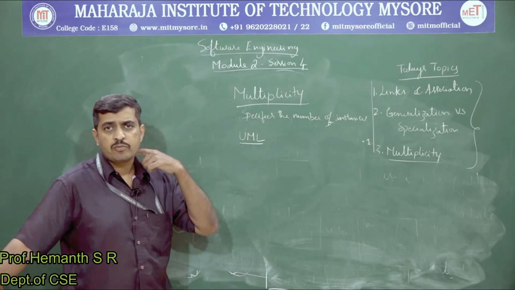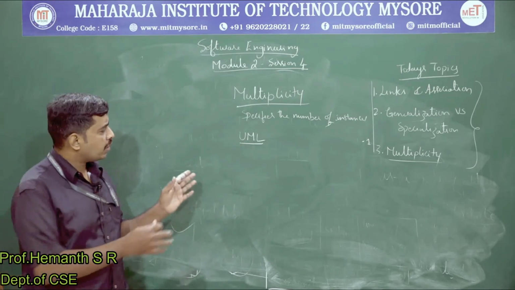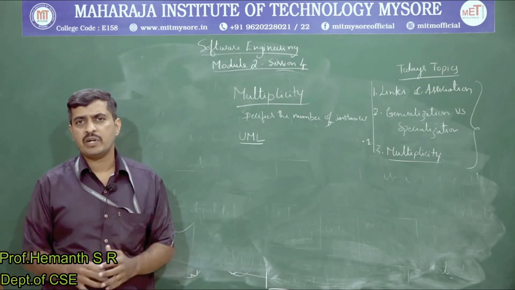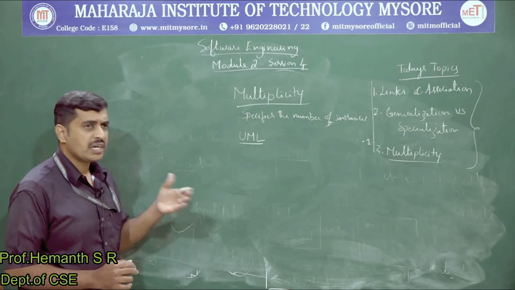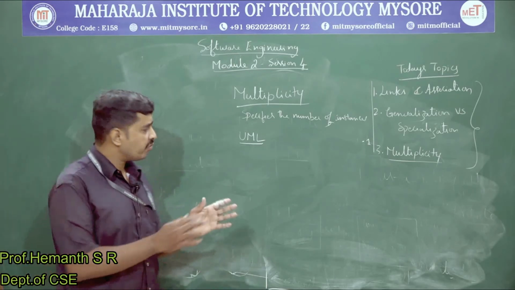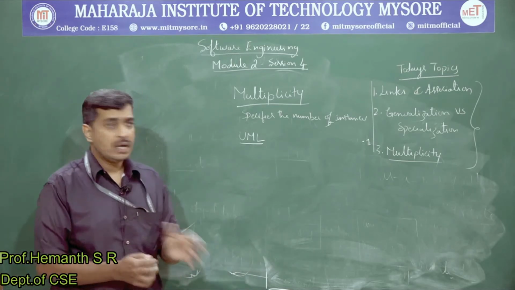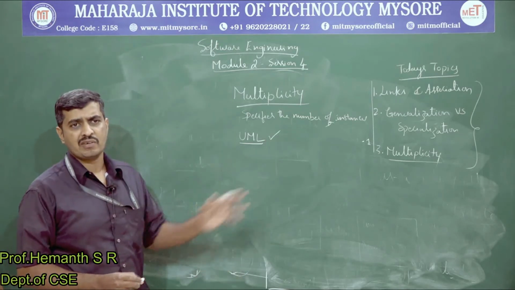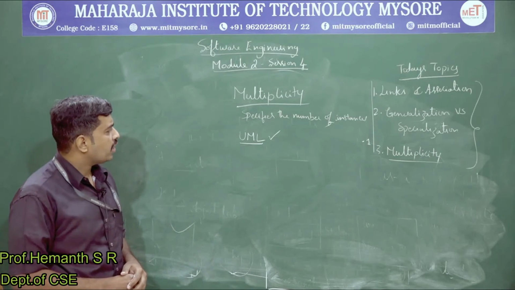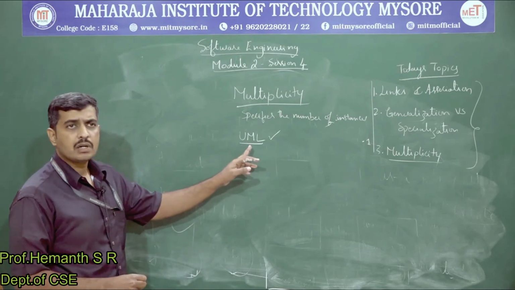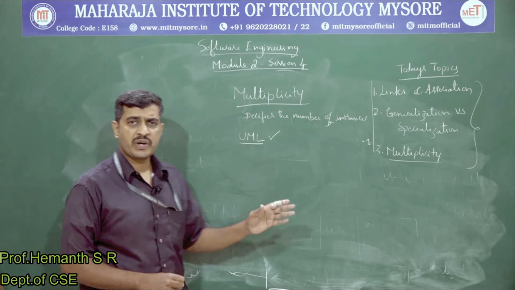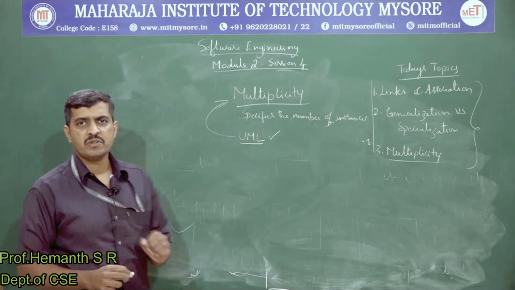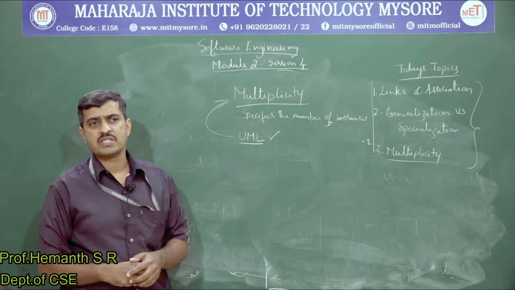From the beginning of module 2, we are trying to depict the design of a system before starting the implementation. So we need some standard way of representing this design, and that can be done using UML. Now, using the rules specified in UML, how can we represent multiplicity? That is what we will see in this part of the discussion.